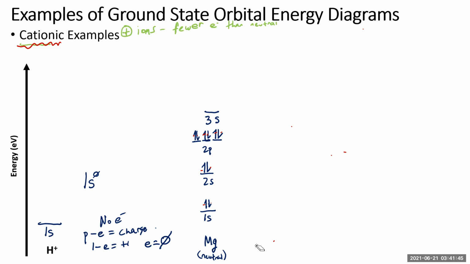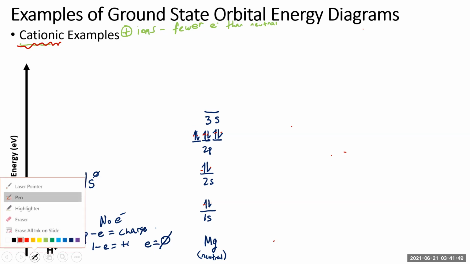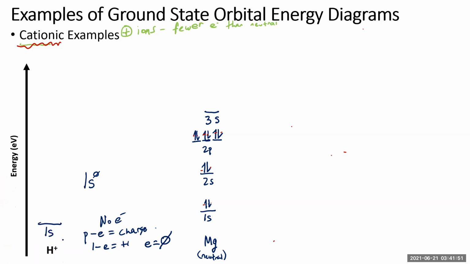So neutral magnesium, let's put these back. We have magnesium, 1s2. Then we have 2s2.